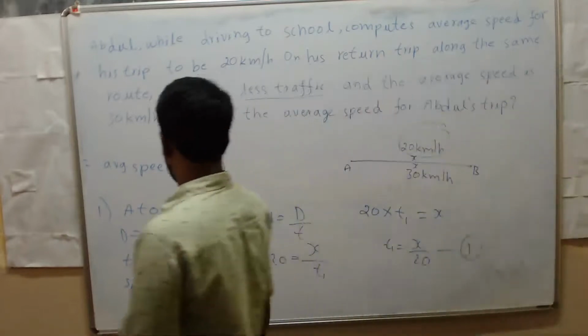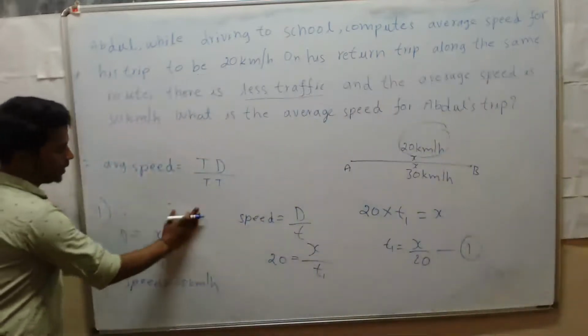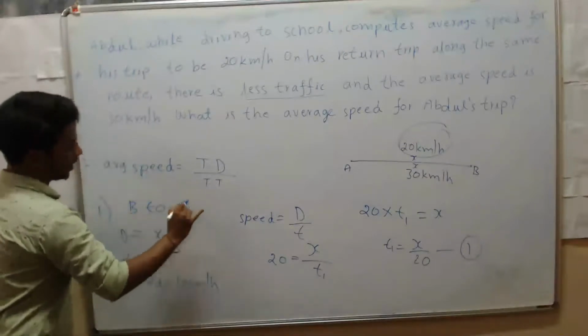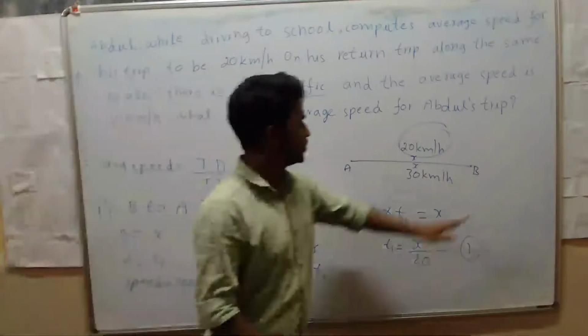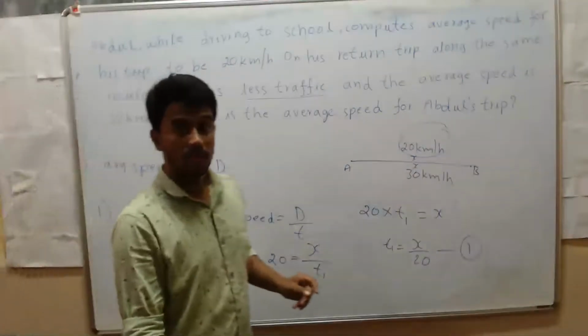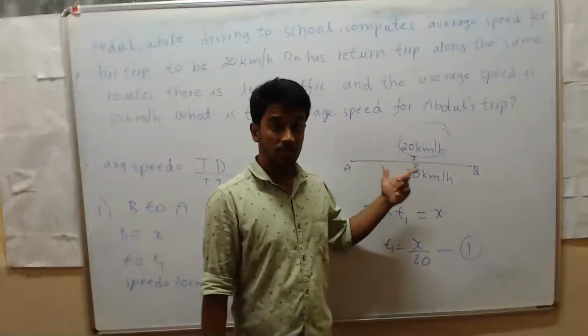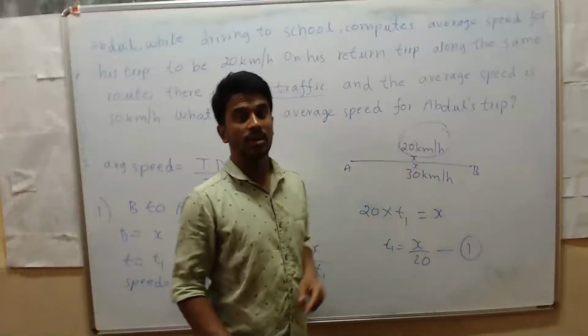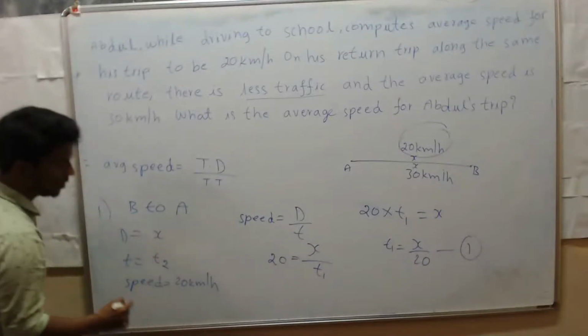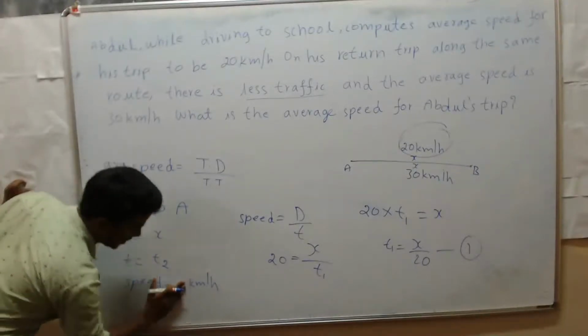Next, second one, B to A. What is the distance traveled from B to A? Distance is x. What about time? See here, I told you, right, the times are different. You can't take the time as t1. So I will take the time as t2. Then what is the speed? That is 30.